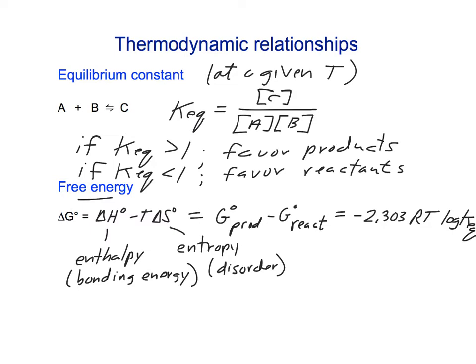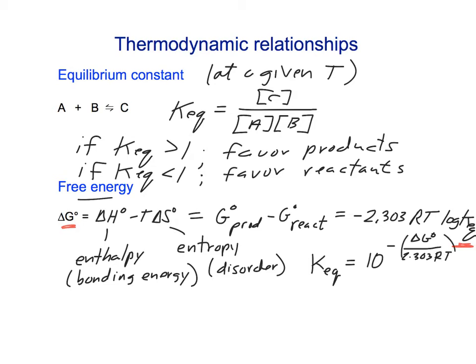All right, so from this relationship between delta G and the equilibrium constant over here, we can predict a few things. Let's rearrange this equation to solve for the equilibrium constant. If we do this, K equilibrium is going to equal 10 to the minus delta G0 over 2.303 RT.